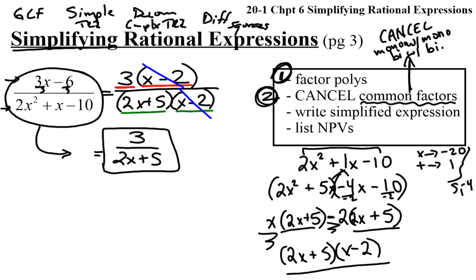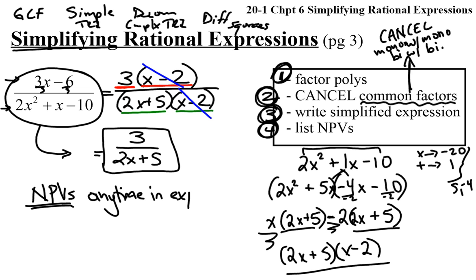And so this initial expression can be simplified to that expression. It means the same thing, it's just a simpler version of it. So we wrote it in the simplified form, but from lesson 1, we now need to know what our NPVs are. Well, careful, because NPVs can occur anytime in an expression.